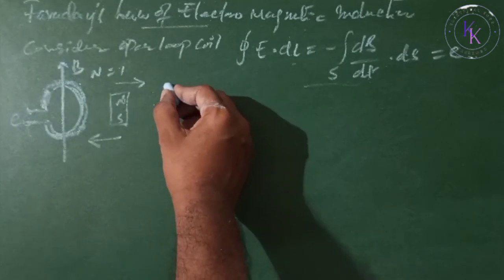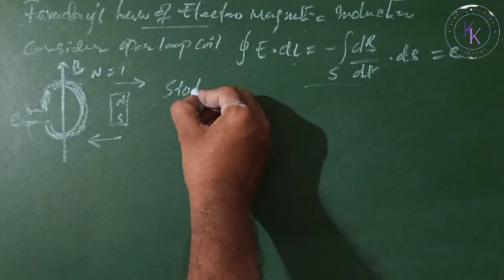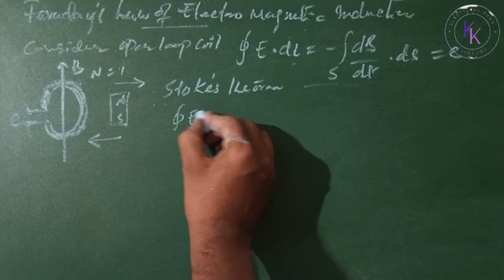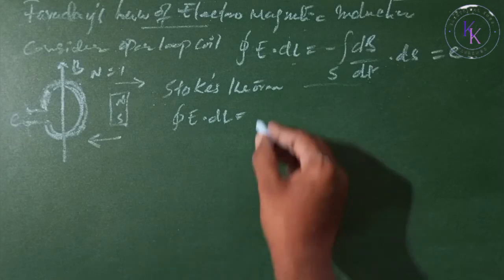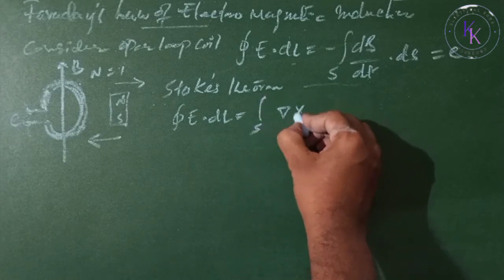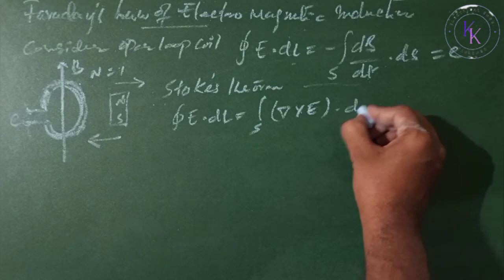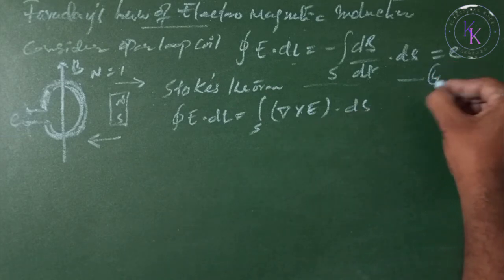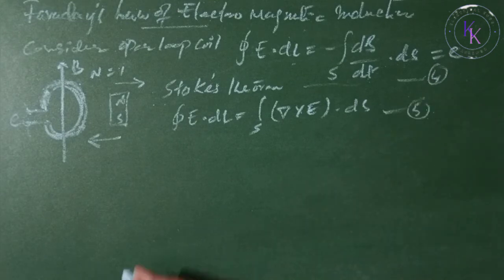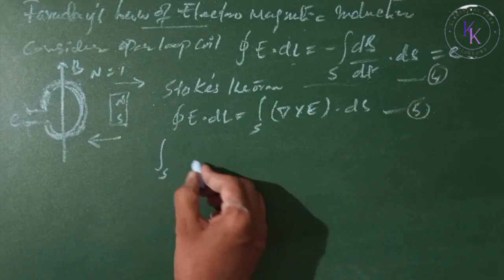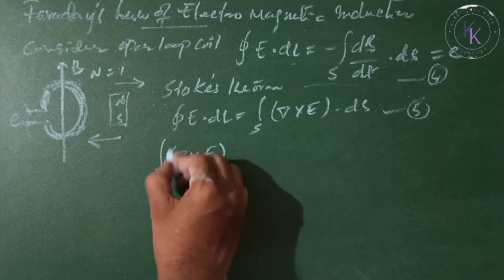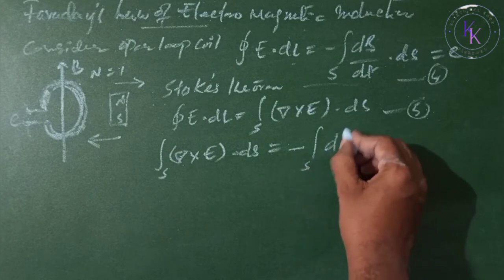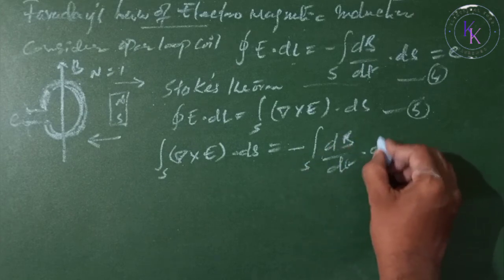Then from Stokes theorem, the closed line integral of E dot dl equals the surface integral of del cross E dot ds. Now, from these two equations, let this be 4 and this be 5, we can write that the surface integral of del cross E dot ds equals minus the surface integral of dB by dt dot ds.